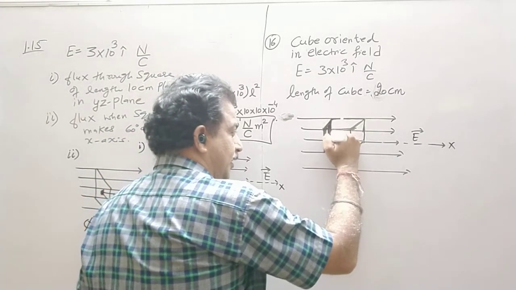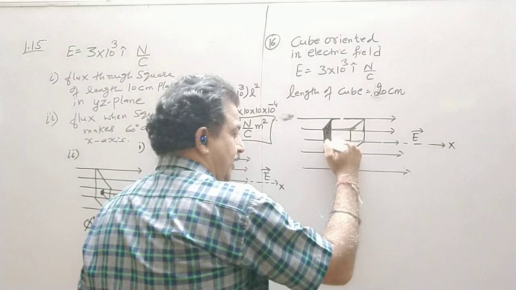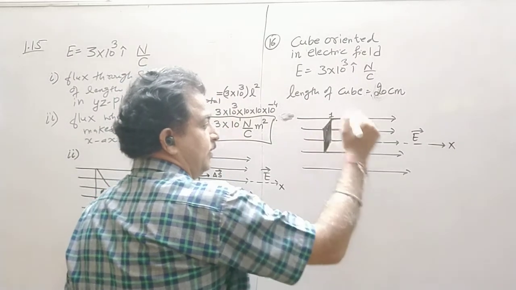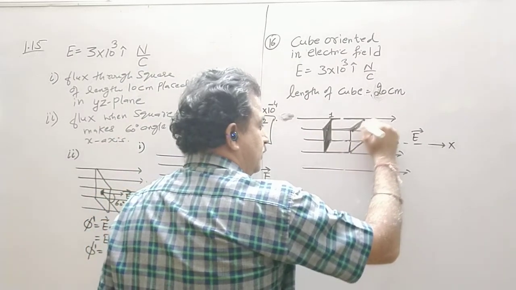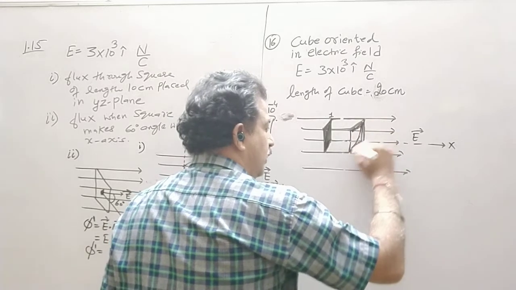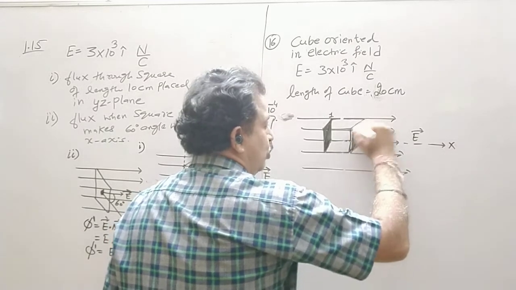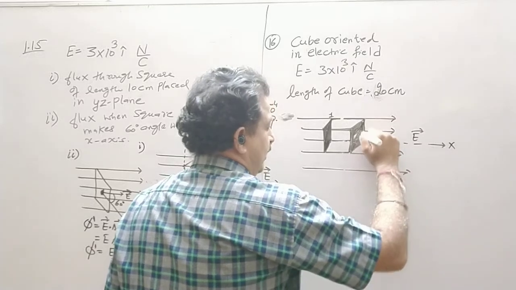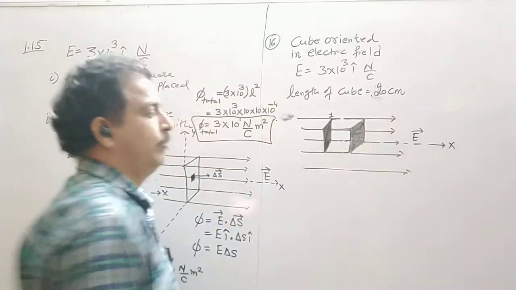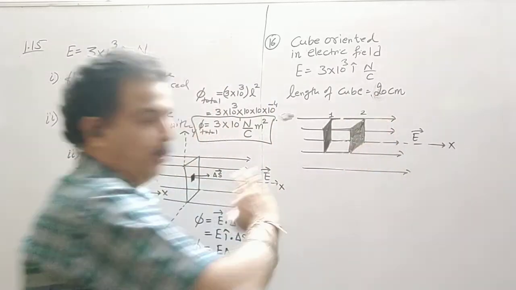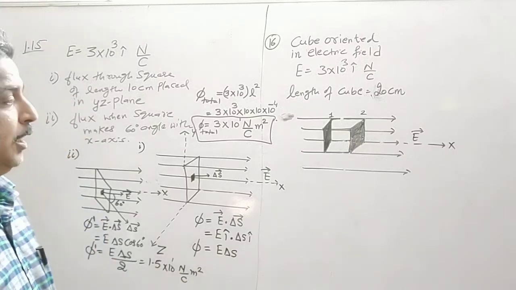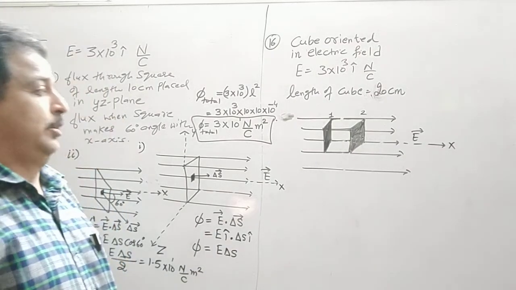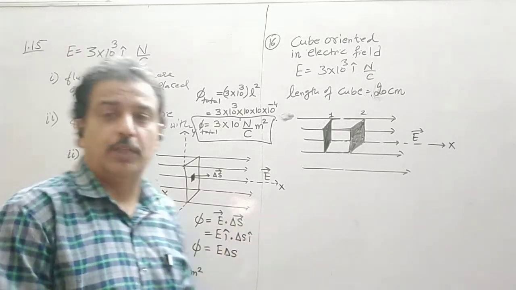Let us darken this so you can easily see it. Let us name this face as 1 and this face of the cube to be the second face. So we will deal with these 2 faces. The other 4 faces contribute nothing to the flux. So we will also prove that the flux comes out to be 0.